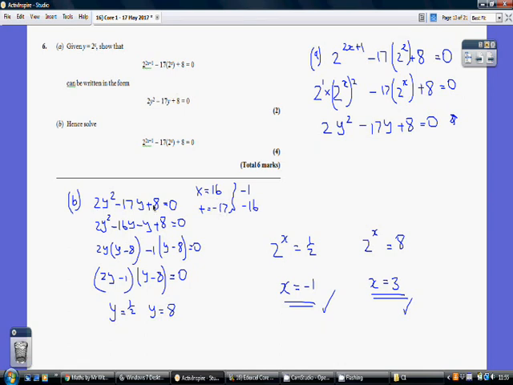So having got our two magic numbers, we basically rewrite this from 3 terms to 4 terms on the left. So we split the minus 17y into minus y and minus 16y. Doesn't matter which way around you do it, I've chosen to do it this way. Then, having moved to 4 terms, you fully factorise the opening 2 terms. So we're going to fully factorise the 2y squared minus 16y. So that's 2y multiplied by y minus 8.